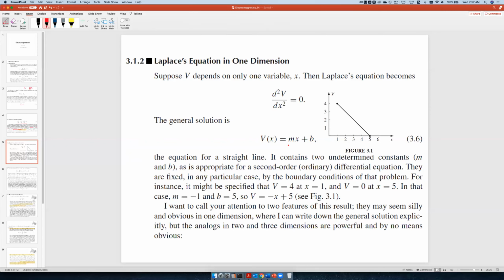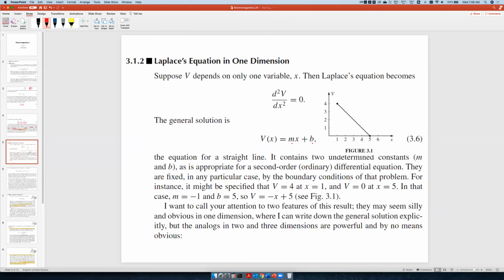It's simply a line equation, describing a straight line, but it contains two undetermined constants, m and b, as is appropriate for a second order differential equation.